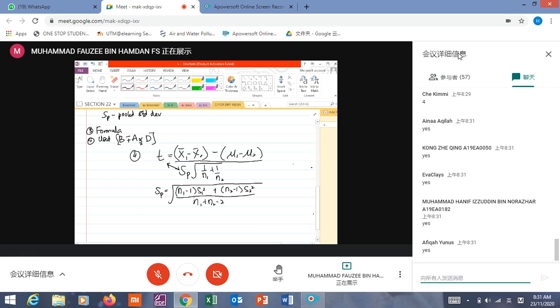Remember, if you do that, let's say this is A, so this is 1 over A to the power of 3? Wrong. This is A to the power of 1 over 3. But SP is not like this. The operation is SP multiplied with the square root of 1 over n1 plus 1 over n2. Okay, is it clear?